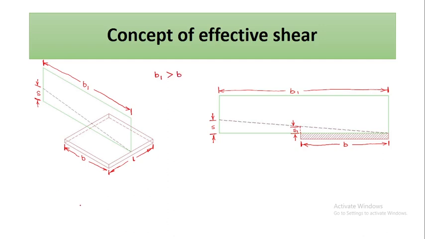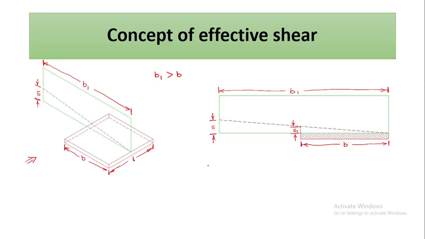If we see this from this side, then we will get a view like this. This is the width of the sheet, and this is the height, the shear. This is the total shear given.